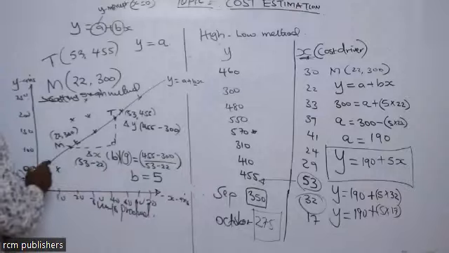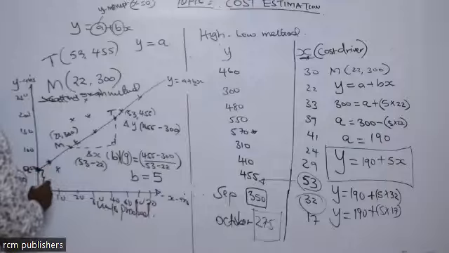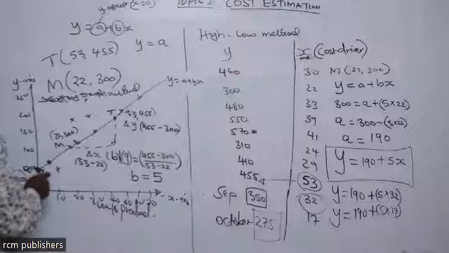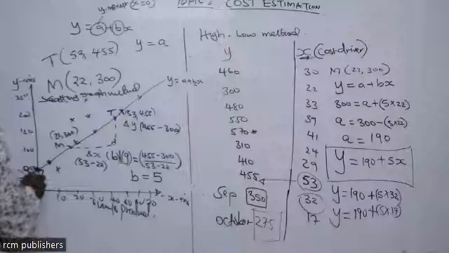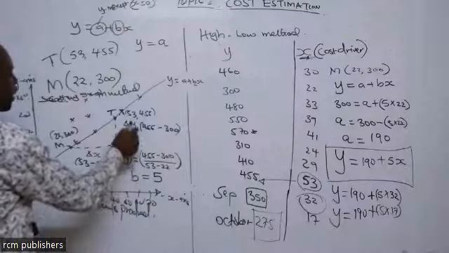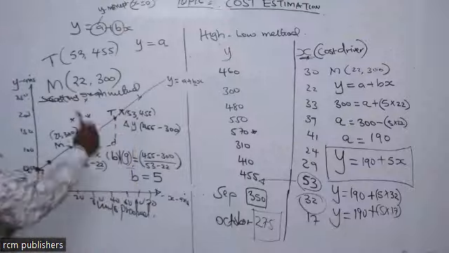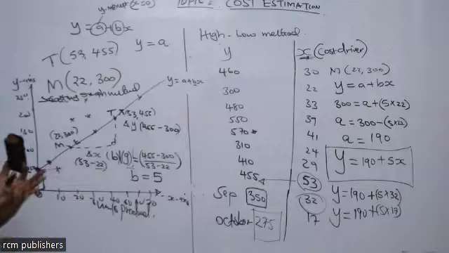So that fixed cost which we are talking about is what we have in this space. Even if I've produced 0, it is still there. Even if I sell 50, it will still be there. It is already incurred. It is only this portion that is being added that is dependent on the units of output.